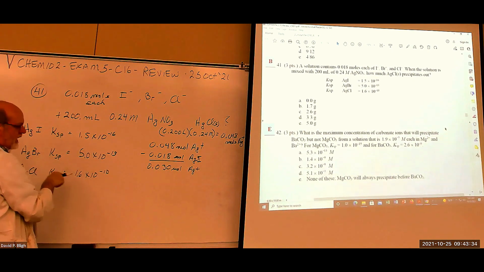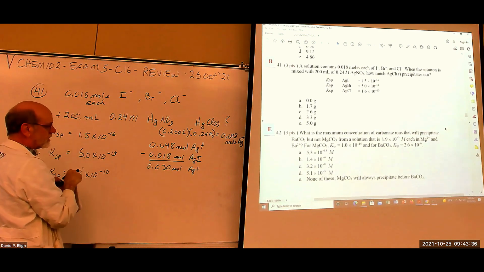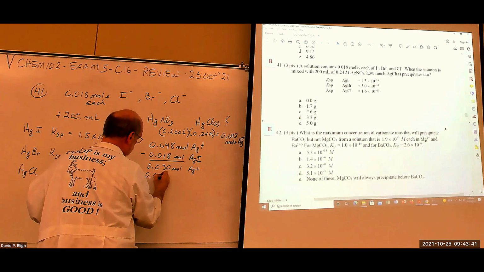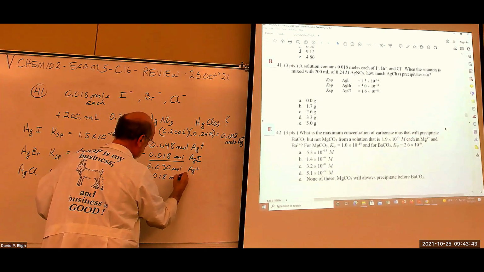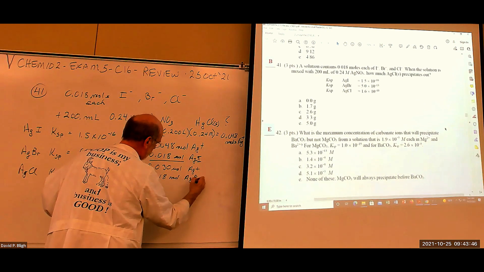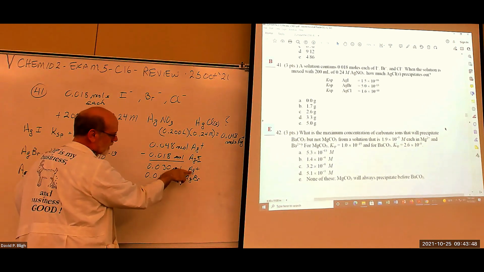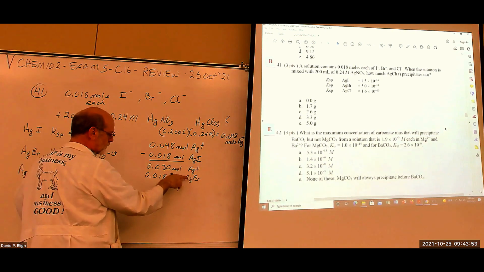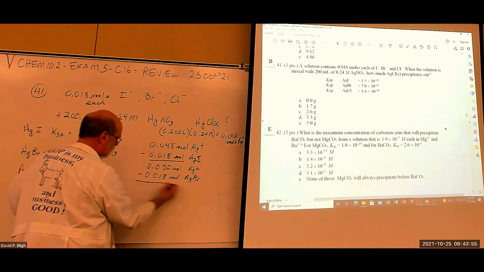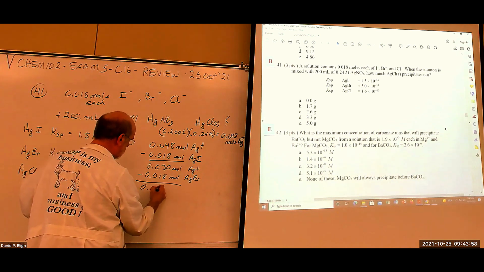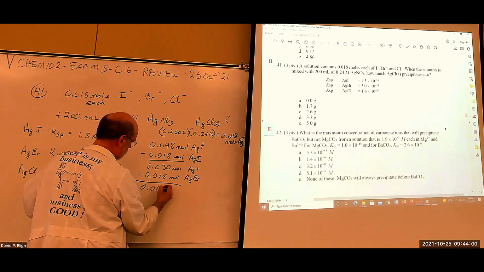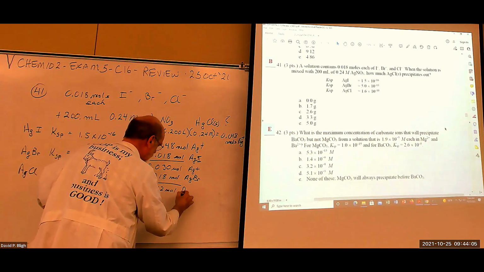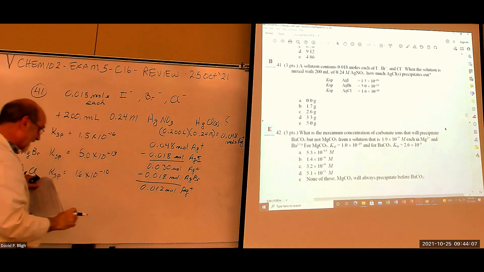Next, bromide. So bromide is 0.018. And the only reason I can do this is because they're 1 to 1. So the amount of silver is equal to the amount of silver bromide that we can extract from that. 0.012, right? That's what silver we have left. Okay?